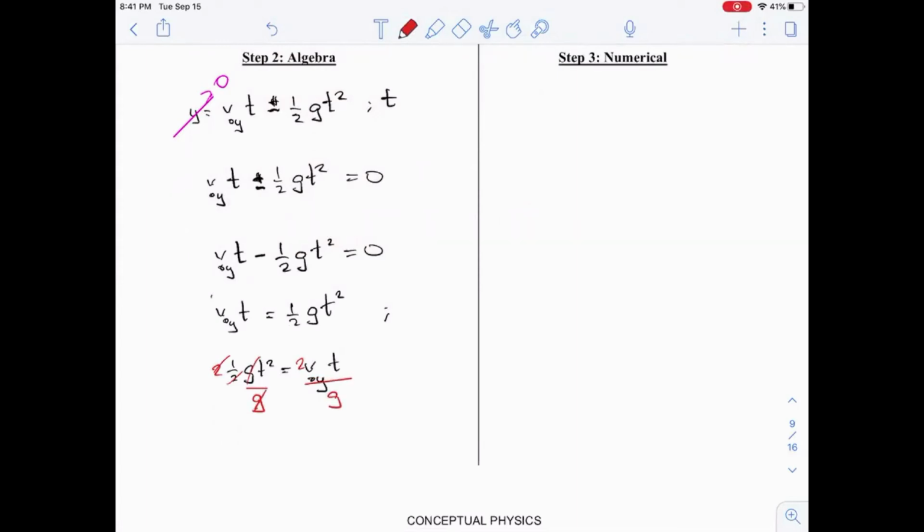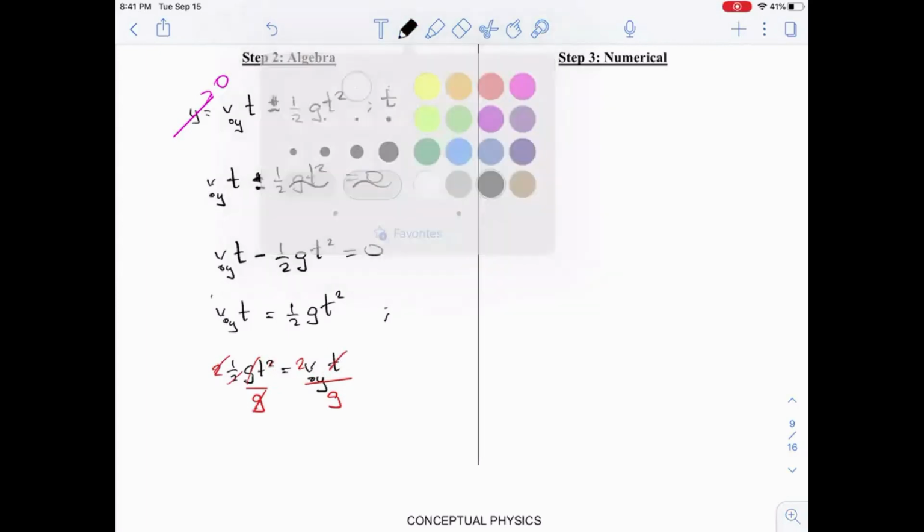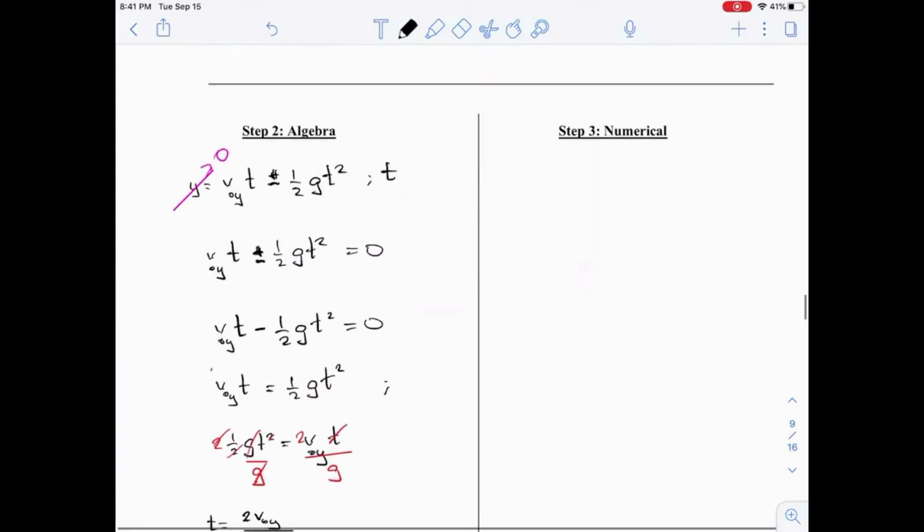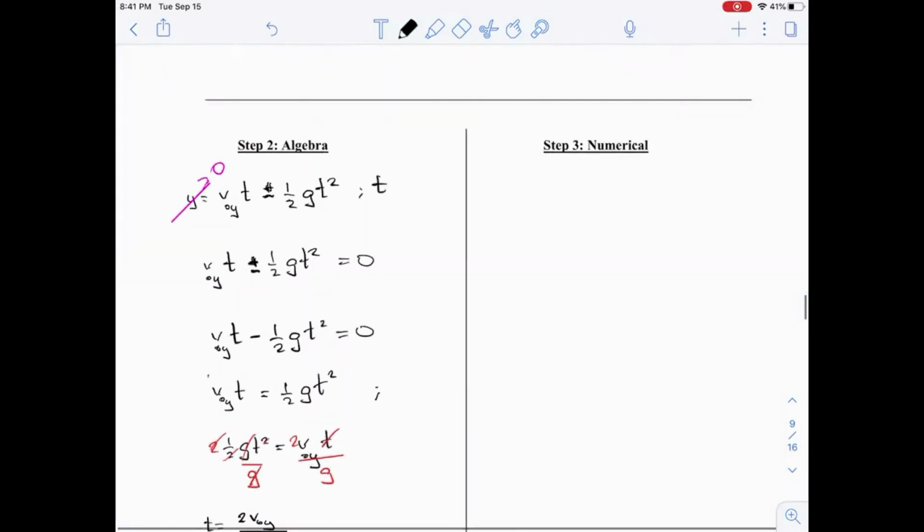Notice that you have a t here and a t squared here, so the t's will cancel, and I'm kind of done. The final expression is going to look like this: t is 2 times the speed in the y direction divided by g. I will stop at this point and check that everything is kosher.